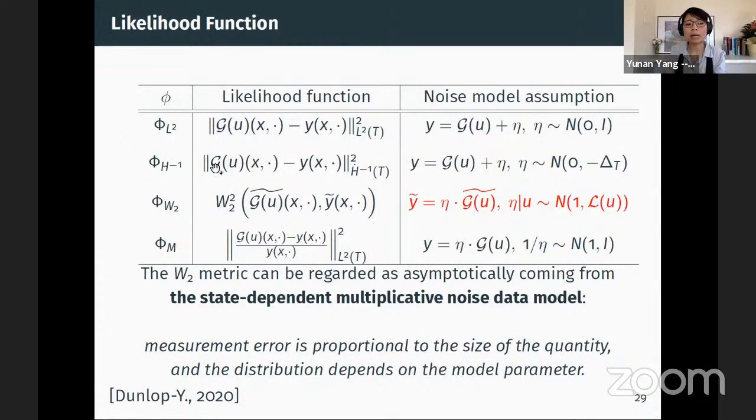And if you have a positive norm, I assume this will be an inverse elliptic operator. So these are the fine differences. This second line really can generalize to general Sobolev norms. And if you use W2, we prove that it will be a multiplicative noise, but state dependent. So it's more general, and we can also see this from the nonlinear way we define Wasserstein distance.